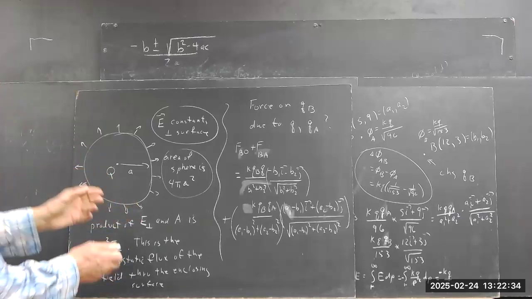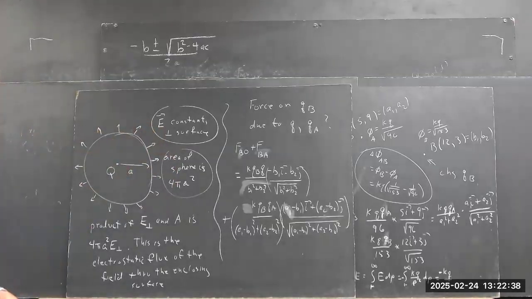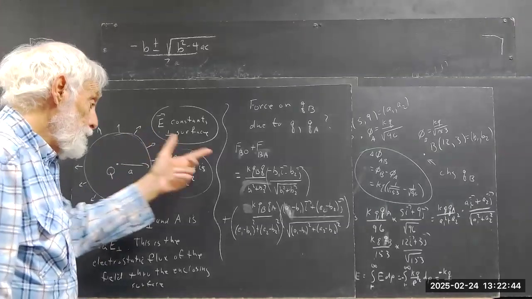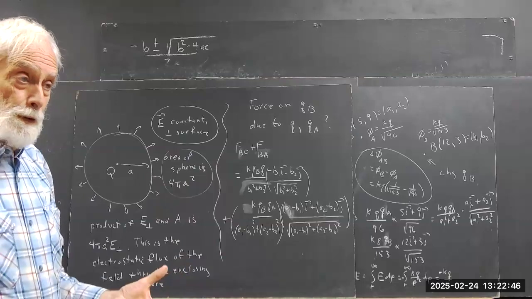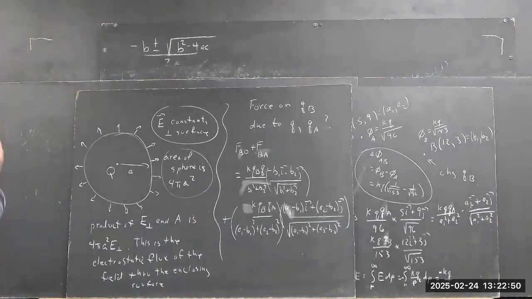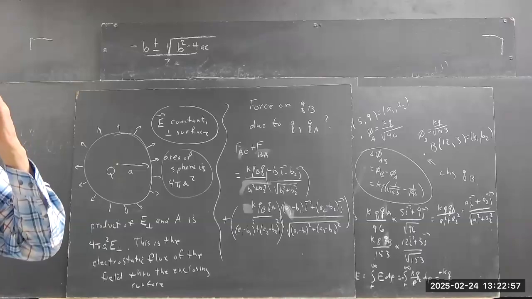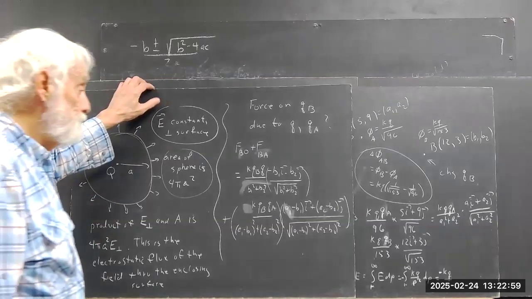That's how much field is penetrating the surface of the sphere. You just multiply how much the field is by the surface area. I have a lot more I could say about that, but let's hope that suffices to give you the first general idea of flux.